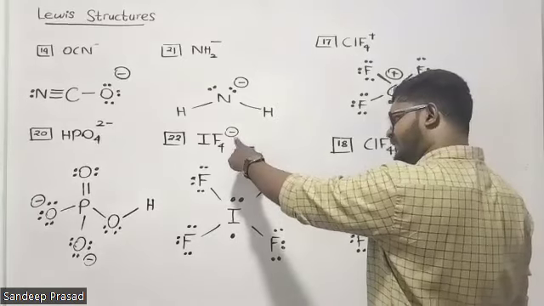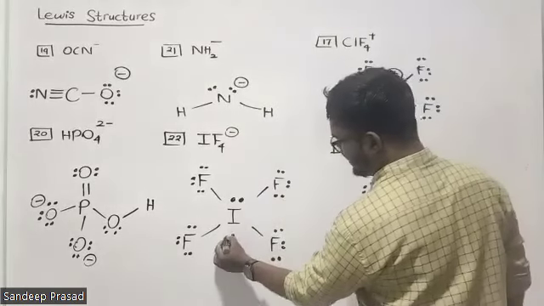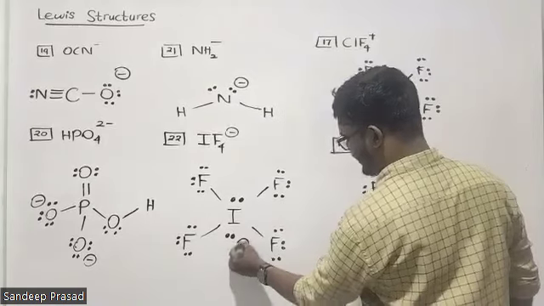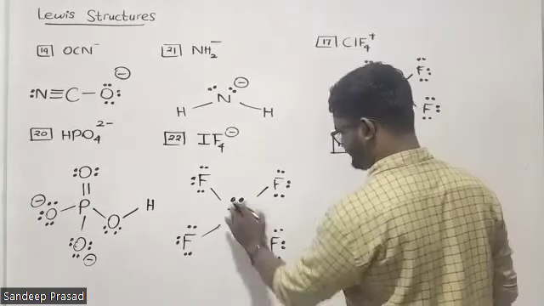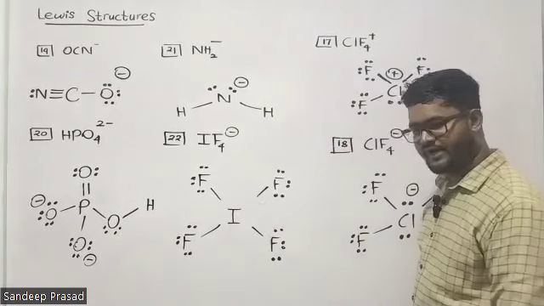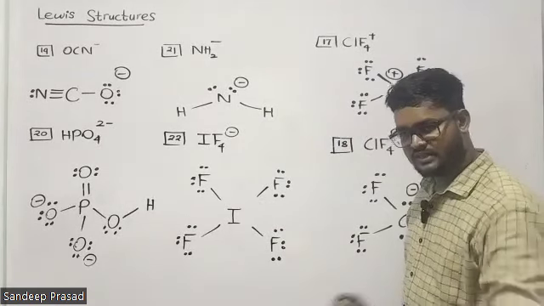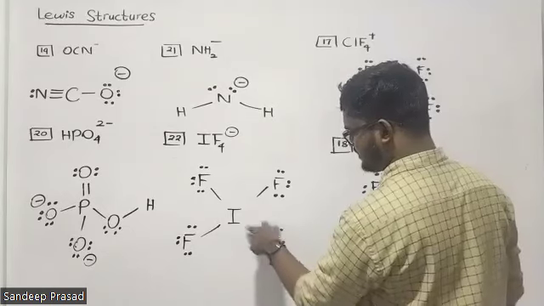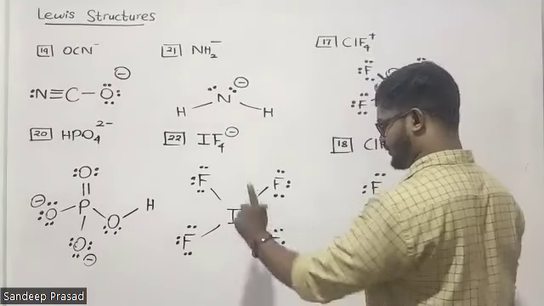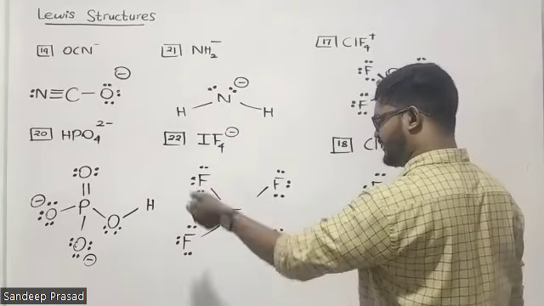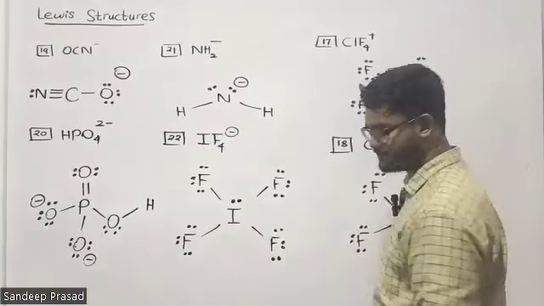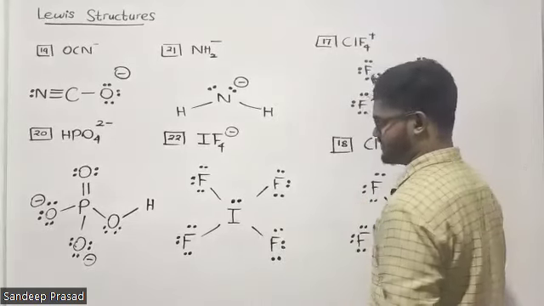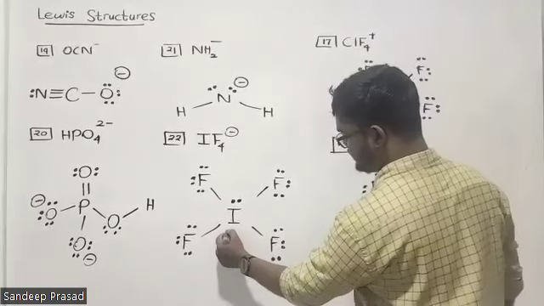But students, there is a negative charge. Then we can take another electron and put the negative charge. Oh, wait. What did I do here? In the valence shell of iodine, how many electrons are there? 7. Here, how many are there? 1, 2, 3, 4. So, in order to fill those 7 electrons, we can put a lone pair. 5, 6, 7.